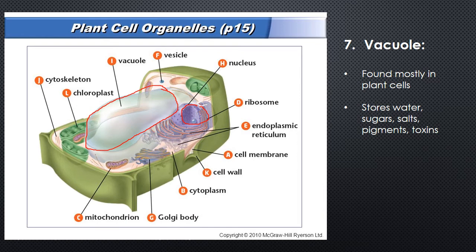So it allows the plant structure to be more rigid. That's especially important for non-woody plants. Once we have wood within a plant, then that's a different type of structural support.